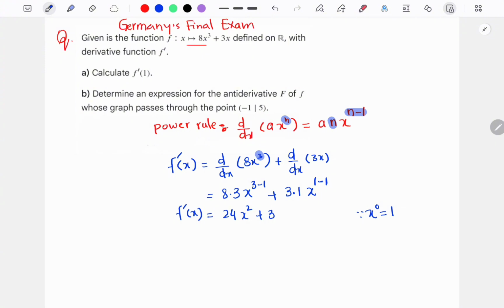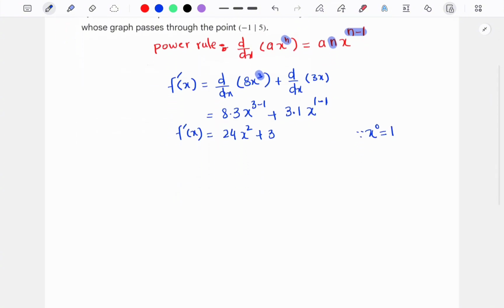Now we have got f prime x, we have differentiated our function. Now let's move to the next part of the question. We are searching for the answer of f prime of 1. For f prime of 1, we should have f prime of x, so it is already there.